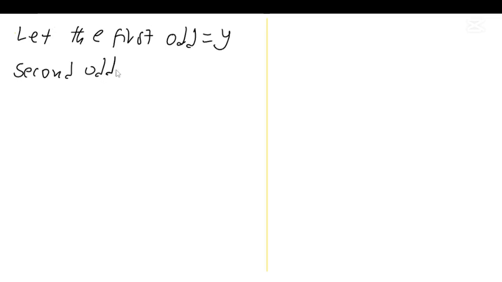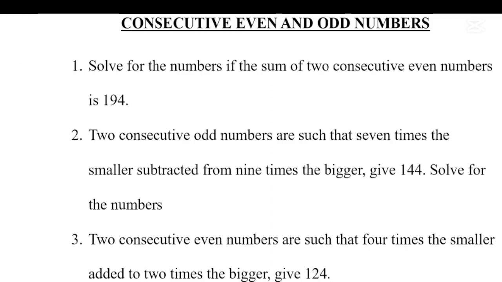Let the first odd number be y. And our second odd number is y plus 2. So we know that the first number is y. And if the first number is y, when we add 2 to the first number, we get the second number. And the question says that 7 times the smaller subtracted from 9 times the bigger gives us 144.